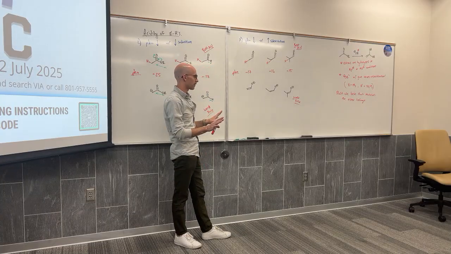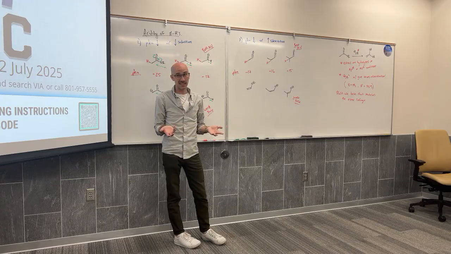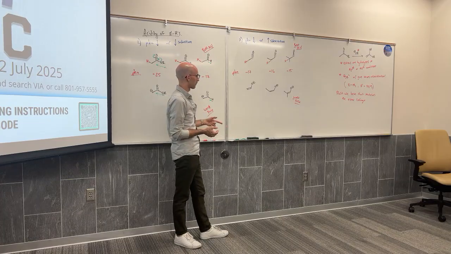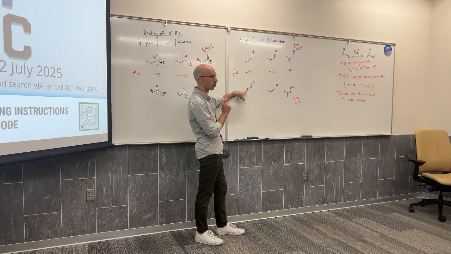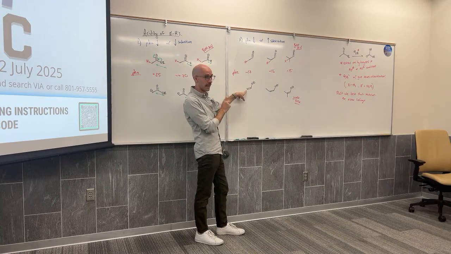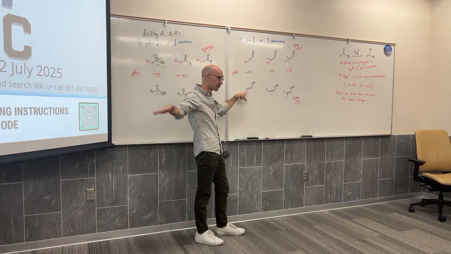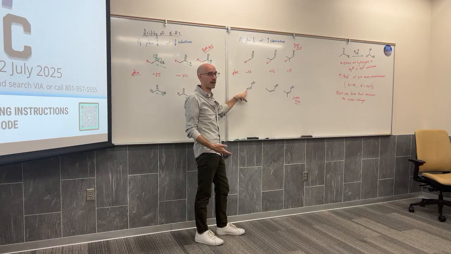One way that I like to think about this is actually kind of induction again. This has a resonance form where the alpha carbon is holding the negative charge, and that primary carbon can hold a negative charge well. There's not a lot of electron density repelling it.